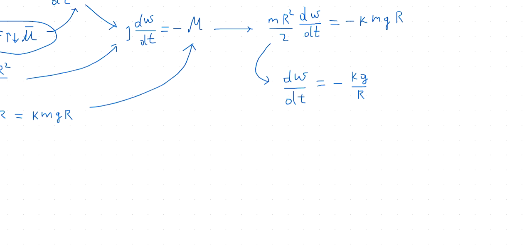Okay, to separate variables, it is enough to multiply the left and right sides by dt. So we have d omega is equal to minus k g divided by r dt.